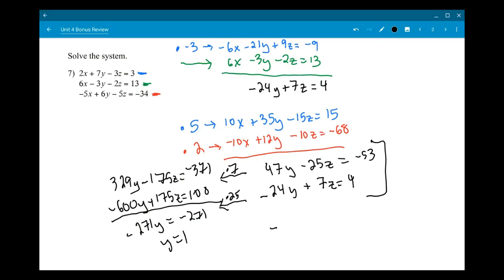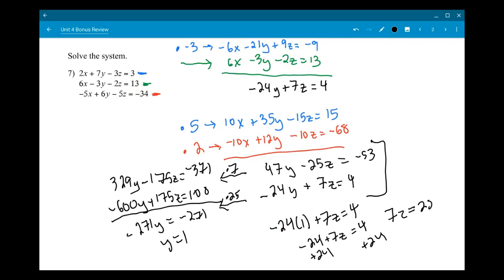So I'm going to plug in for y, and I'm going to add 24 to both sides. I get 7z equals 28 and z equals 4.